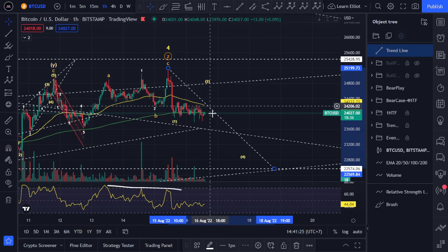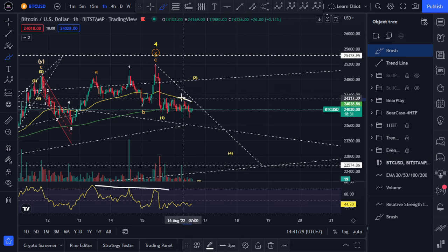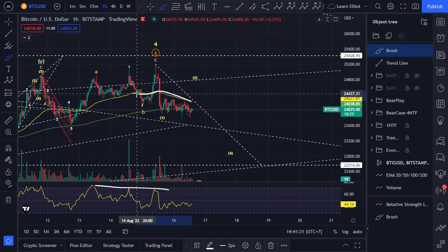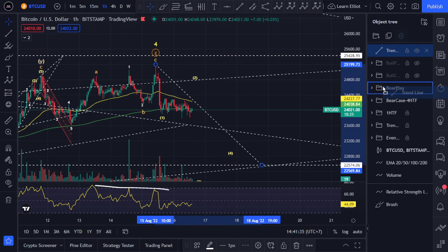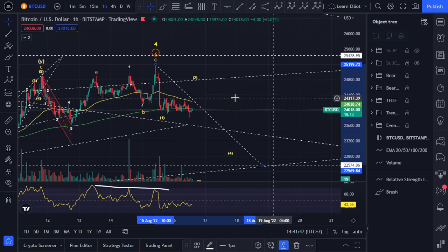Following this is the 50-day EMA right here. The yellow line here is the 50-day EMA. So yeah, let's put this here in the trend line for the bear play, the bear case scenario. Yep, and that's it.